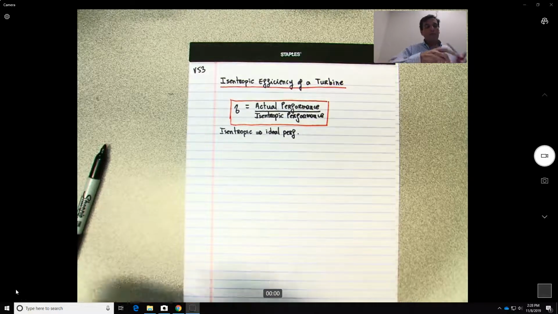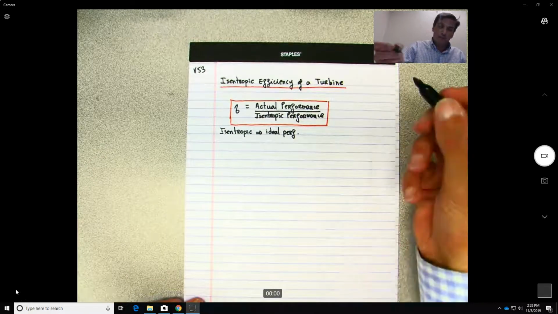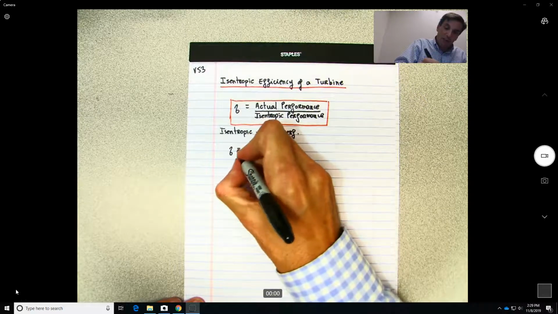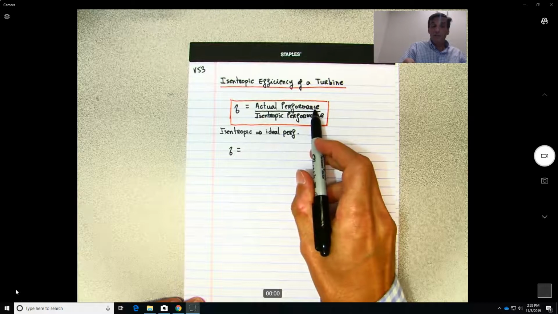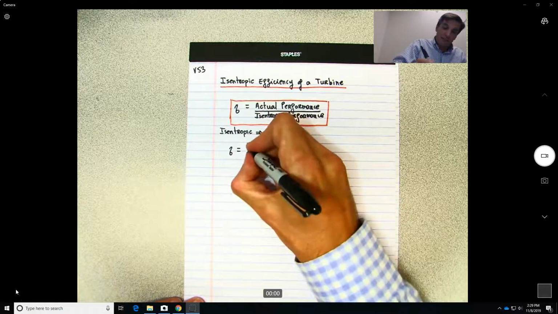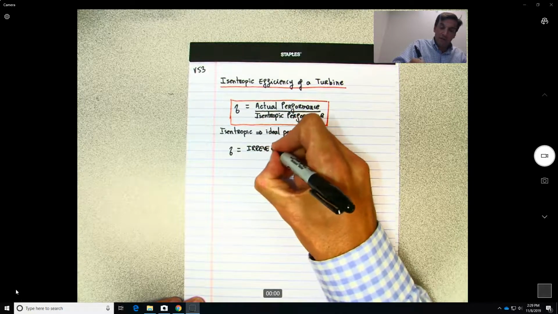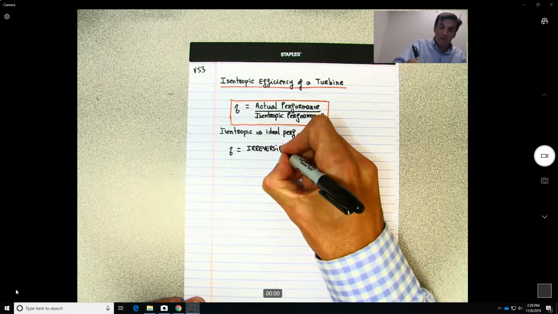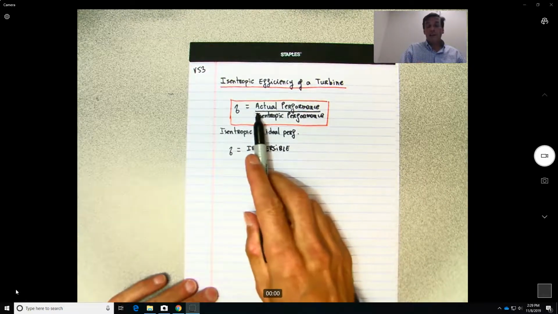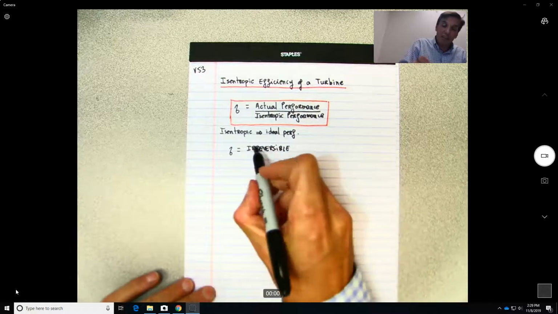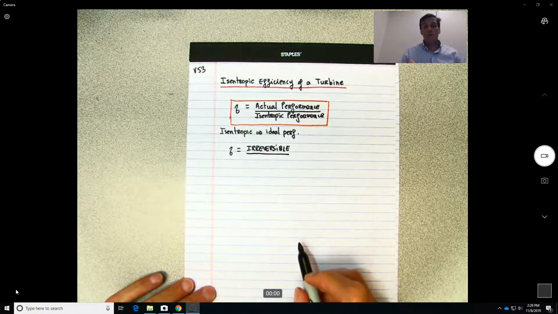Okay, so more definitions for the isentropic efficiency: what would be the actual performance considering that the system is irreversible? Basically, in the actual cases you will always lose some type of energy that you cannot recover, so your change in entropy will be different than zero.